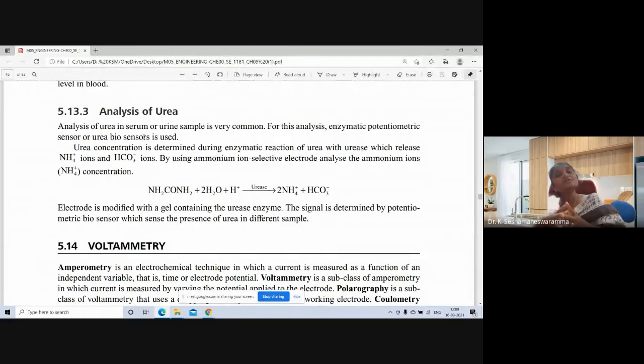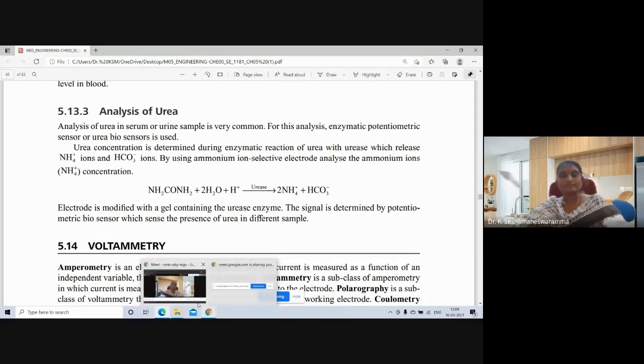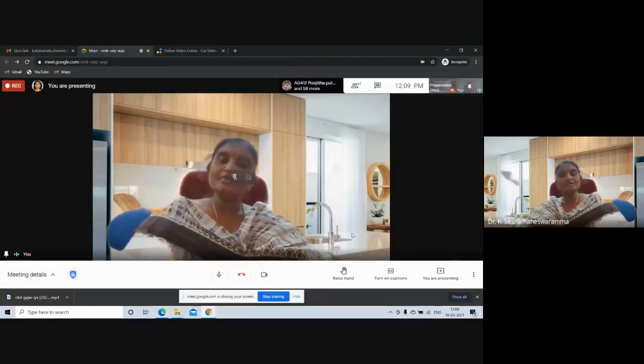If the kidneys do not filter properly, the body will be destroyed and toxins are formed. These are very, very important sensors: analysis of urea and analysis of glucose in blood sugar, for various health purposes in medicine.